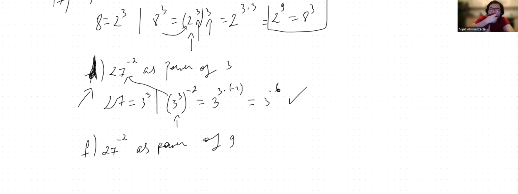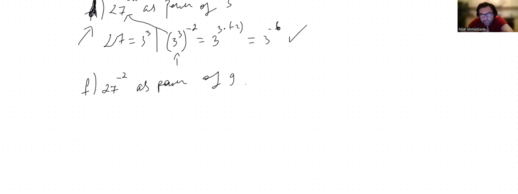But we don't know the relationship between 9 and 27. 27 isn't 9 to the power of any integer. But we know that 27 to the power of negative 2 is the same thing as 3 to the power of negative 6. We already showed this in part D. So we have 3 to the power of negative 6 to write as a power of 9.